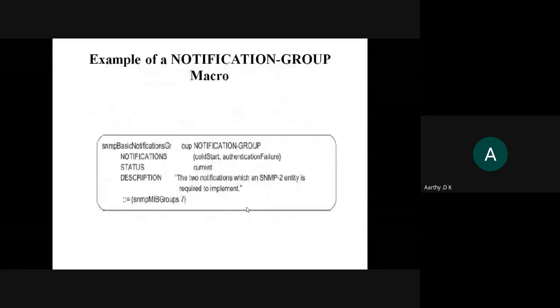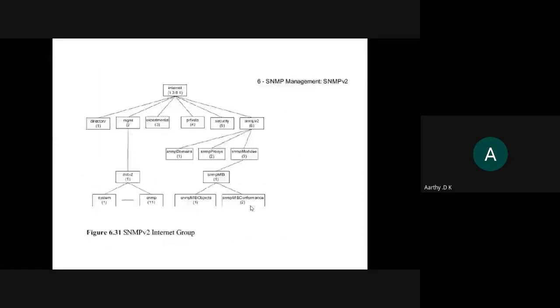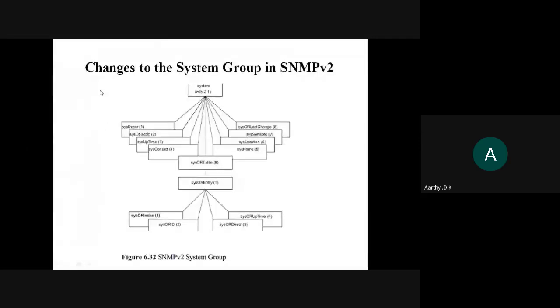I think I didn't include that slide. Okay, then maybe in the next class I'll show you that. So this conformance, whatever we have, comes under the SNMP MIB conformance, and these are the different MIB objects. So this is about your internet group.